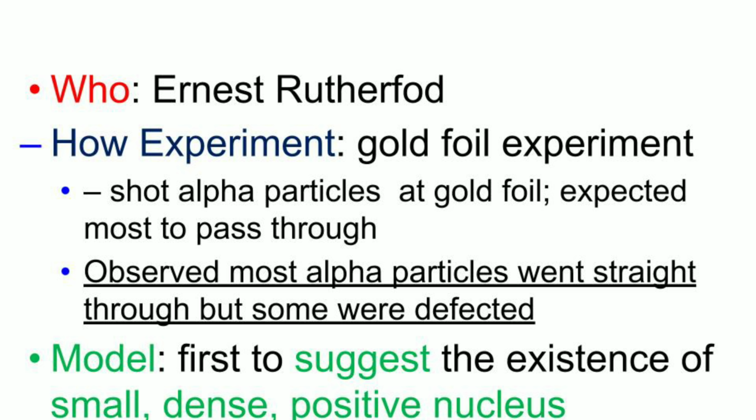As Rutherford shot alpha particles at gold foil, he observed that most of the alpha particles went straight through the foil, but some were deflected. He had the first model that suggests the existence of a small, dense, positive nucleus.